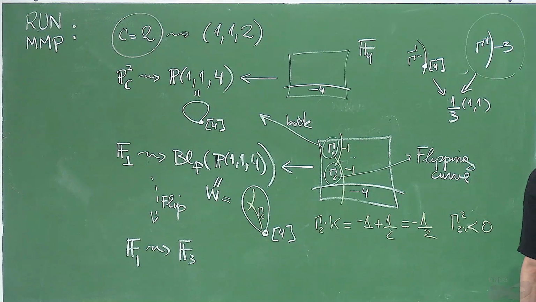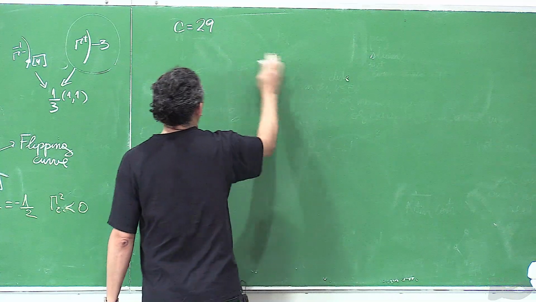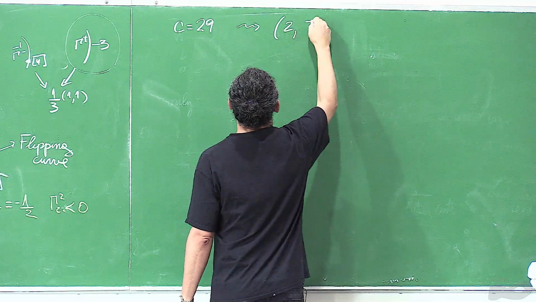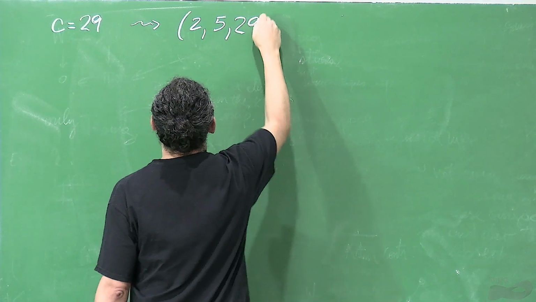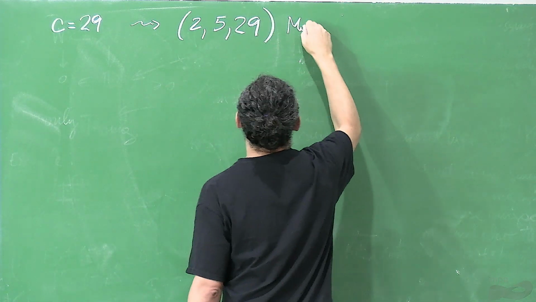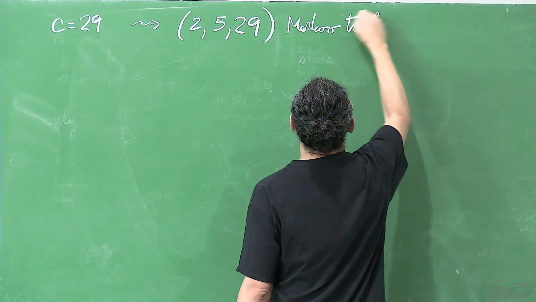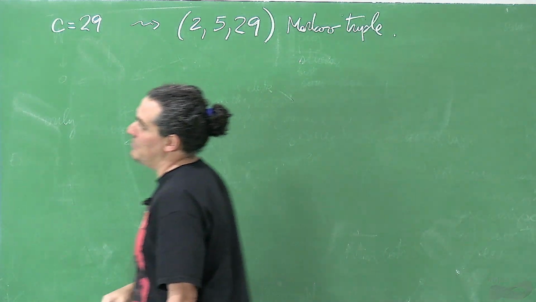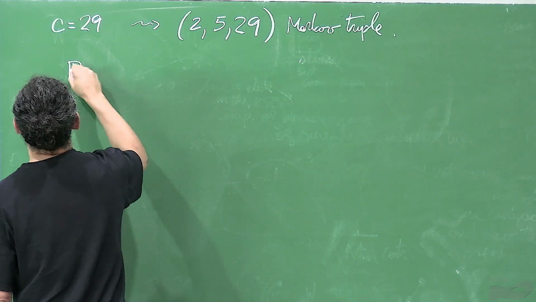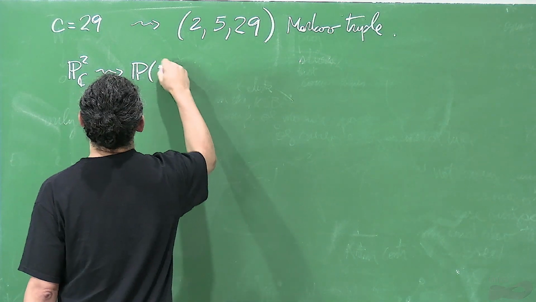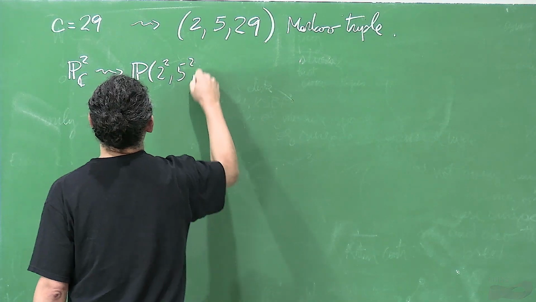So C equals 29. Then the triple is 2, 5, 29. This is a Markov triple. And now I have P to C degenerating to P(2 square, 5 square, 29 square).